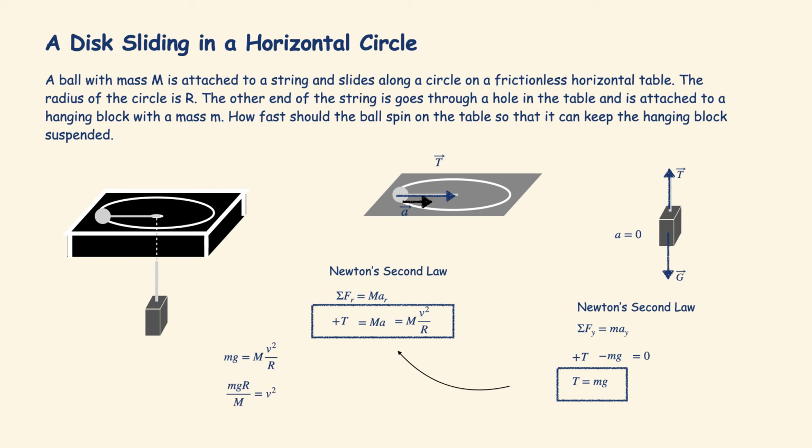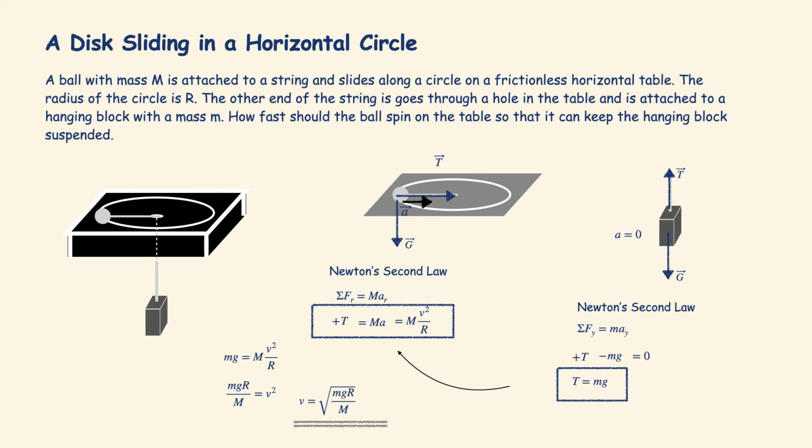Or little m g r over the big M has to be equal to v squared. And there it is, my answer for the speed with which the ball needs to be circling on the table to keep the hanging block from falling. V must be equal to the square root of little m g r divided by the large M.